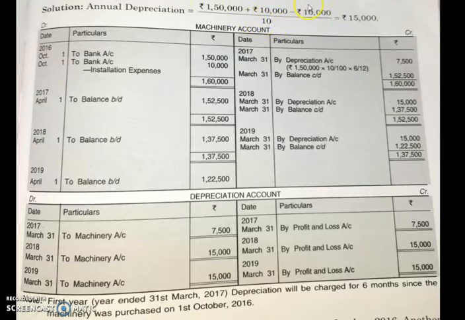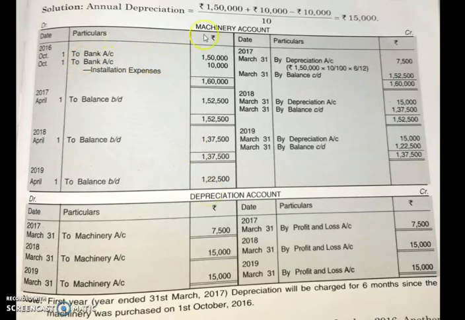So providing those information into the formula, you will get 15,000 as the annual depreciation. That is every year on this machinery you will have to charge 15,000. Now let us prepare machinery account and depreciation account. That is the requirement of the question.